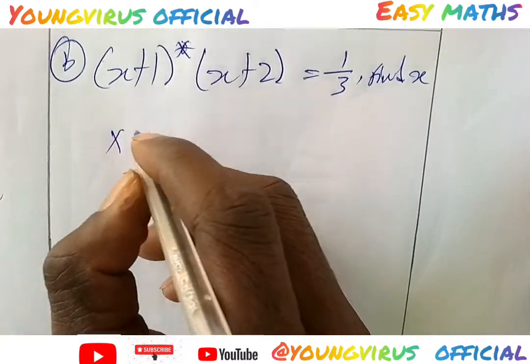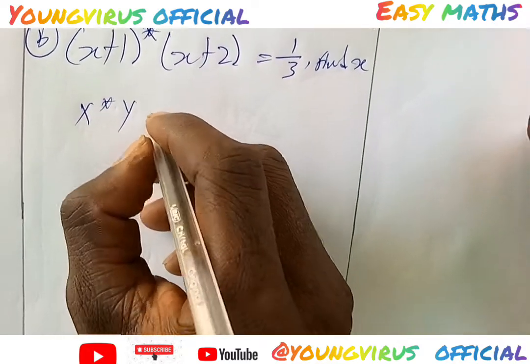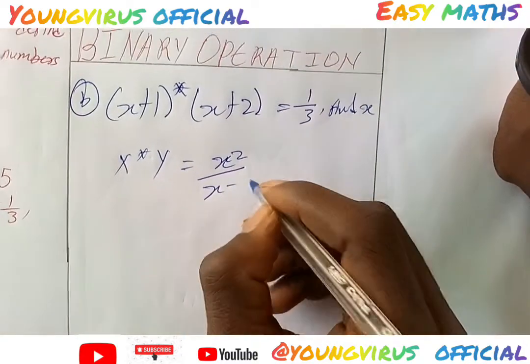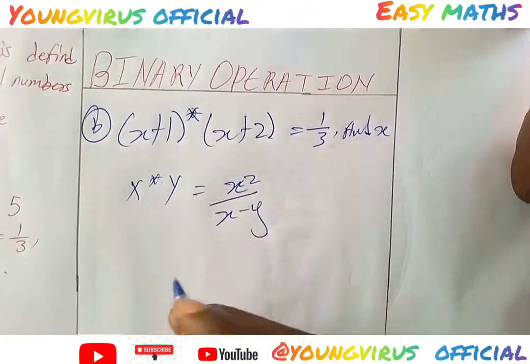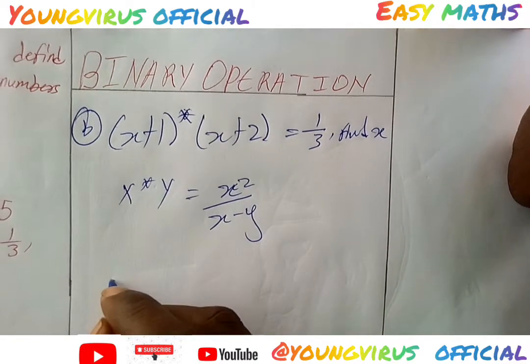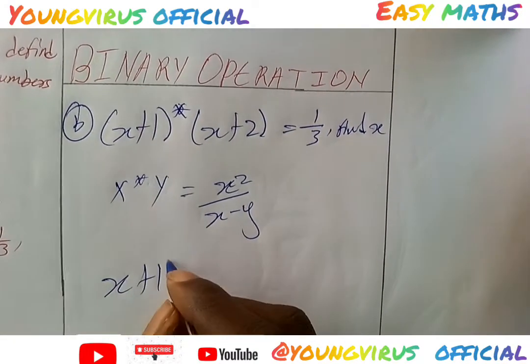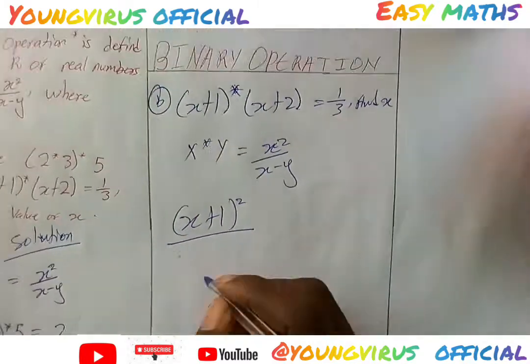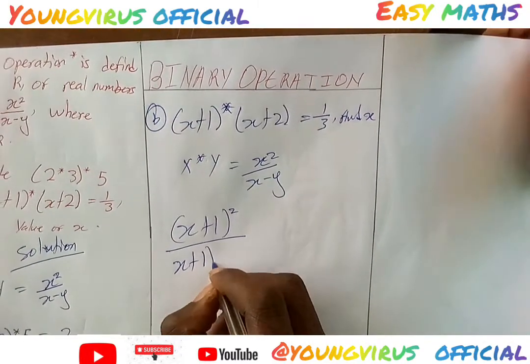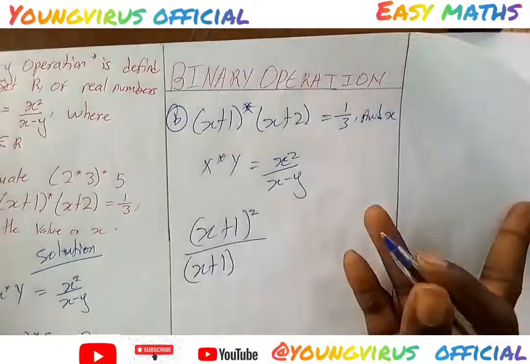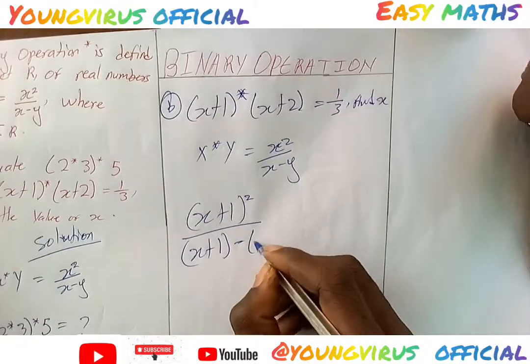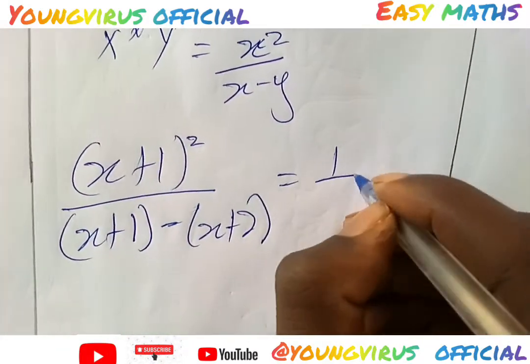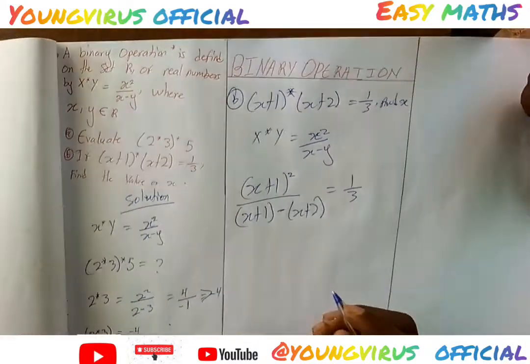We know x ∘ y is equal to x squared over x minus y. So the same thing applies here. We have (x plus 1) all squared over (x plus 1) minus (x plus 2), close bracket, is equal to 1 over 3.